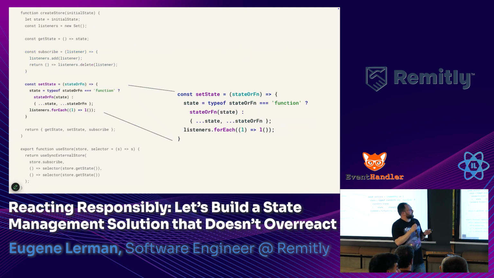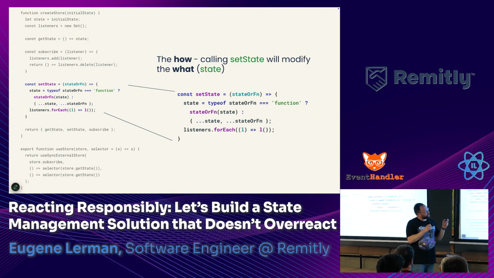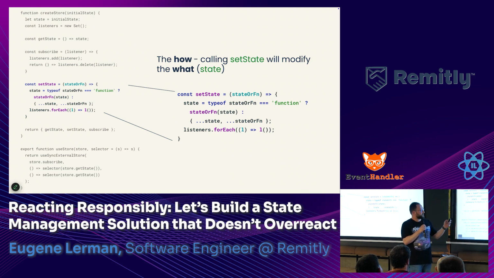All right. Now, this is the bulk of the state management function, I would say. This is the how. So what does the how do? Well, the how is calling getState, and we're modifying the what, which is the state. And notice that we're checking if the state or fn is a function.